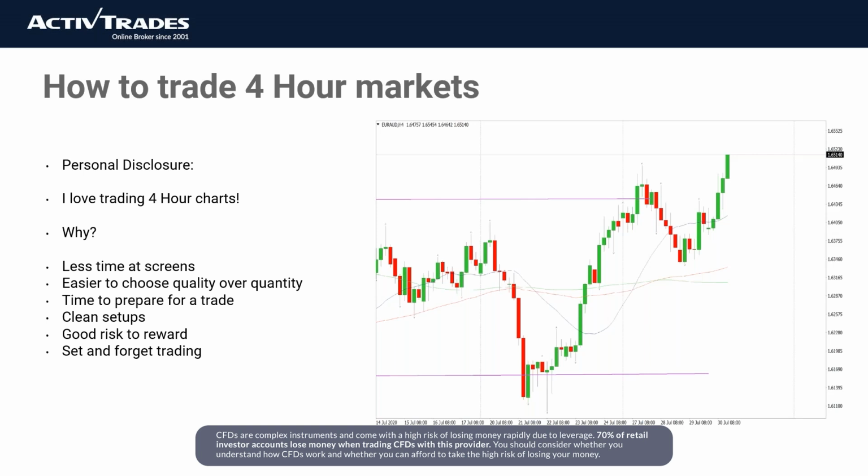So invariably, one of them is less time at the screens. Once you know when those 4-hour candles are completing and when a new candle is beginning, that gives you the opportunity to plan your life around that.